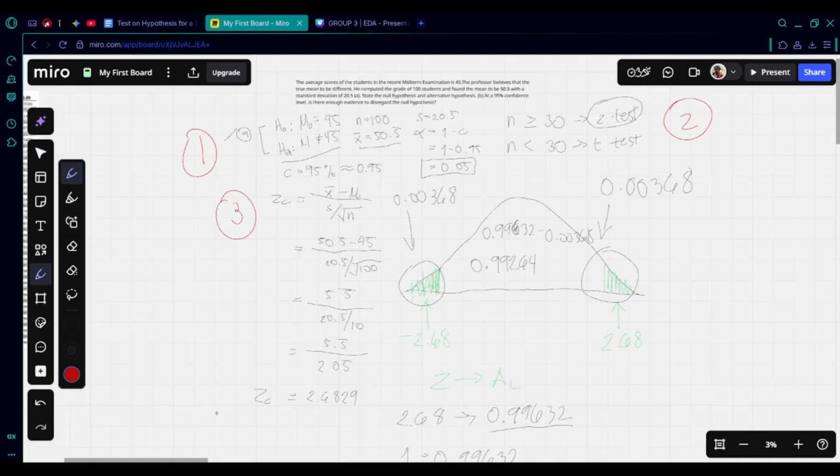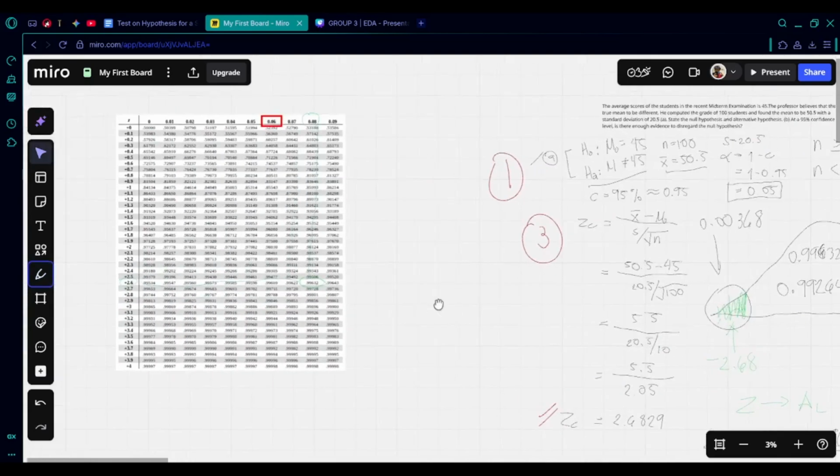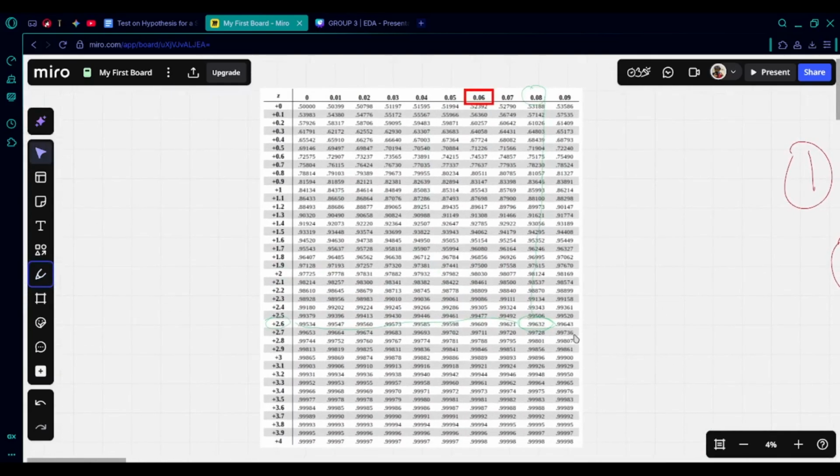Now that we have our z value, this is what we call the critical value, this one. After we computed for the critical value, we will now be using the z-score table.